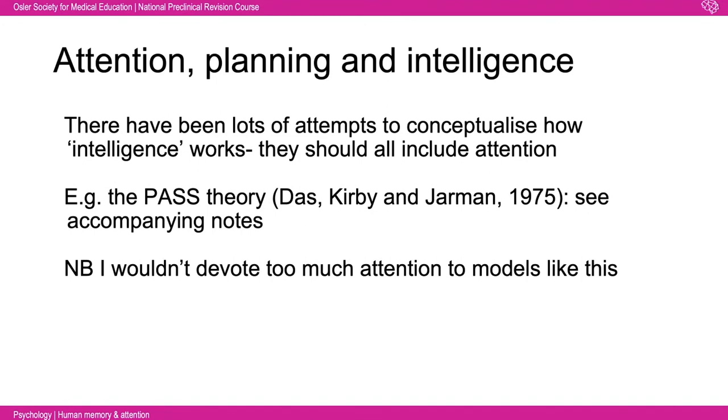So one example is the PASS theory, which is expanded upon briefly in the notes that I've made to accompany this lecture. But I wouldn't devote too much attention to models like this unless you're planning on writing an essay on attention.